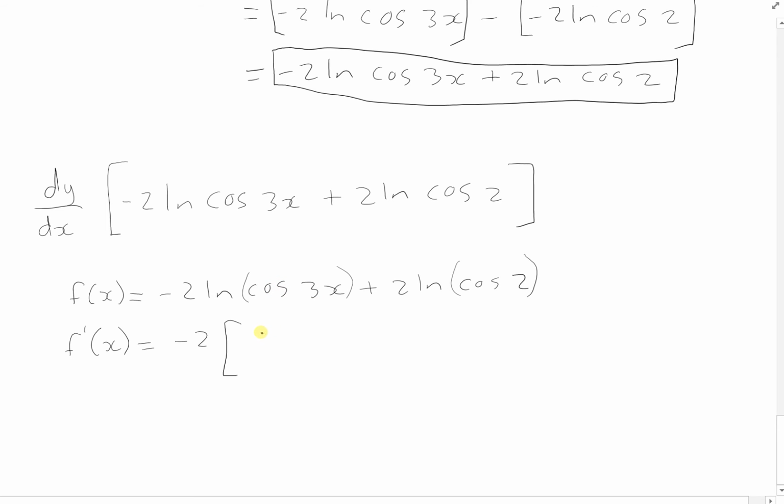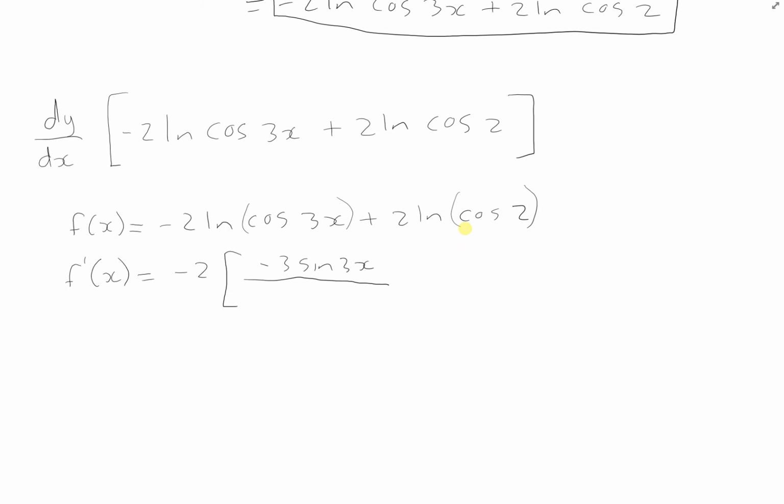That's going to be -3 sine of 3x. And you're just going to put it over whatever you already had, so that's just going to be cosine of 3x.